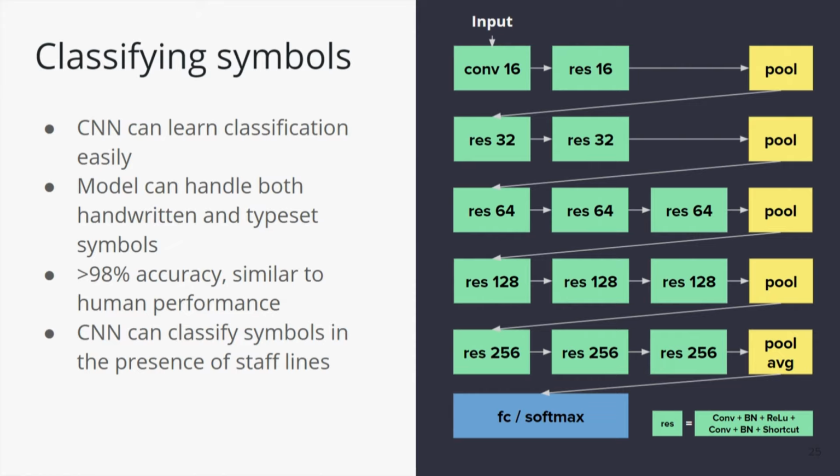On the right hand side, you can see the network architecture, but I'm not going to go into the details because it's a fairly straightforward VGG-like convolutional neural network. And all of the hyperparameter combinations that I evaluated worked very well. This network worked a little bit better than the others, but all of them were in the range between 95 and 98% accuracy.